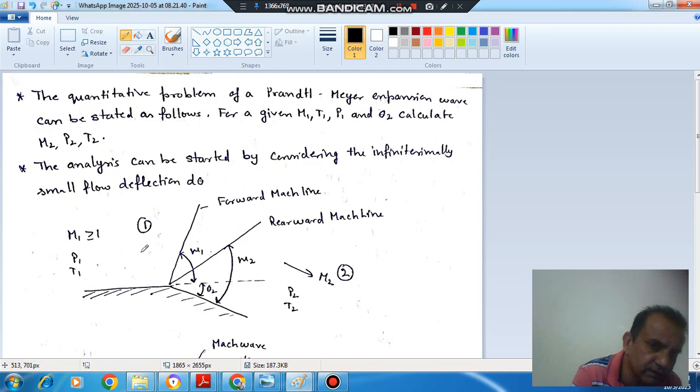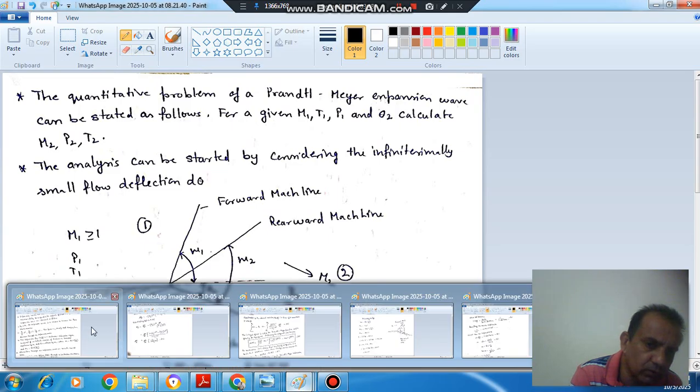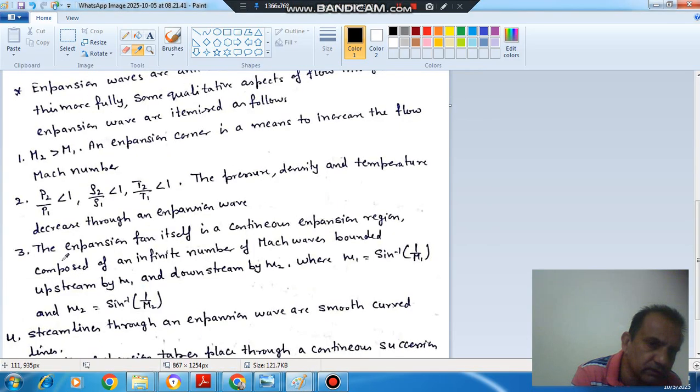So this is the flow direction initially. This mu1 is related to the Mach number, and is called the Mach wave angle of the upstream flow. Similarly, the rearward Mach line makes an angle mu2 with the final direction of the flow. The final direction of the flow is like this, and it is related to M2. This is called the rearward Mach angle.